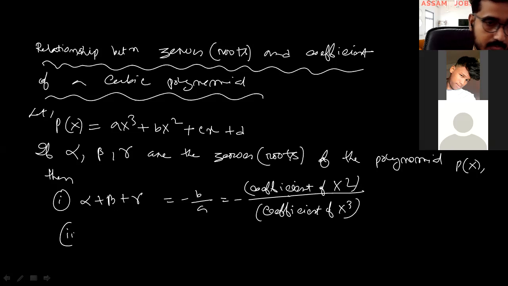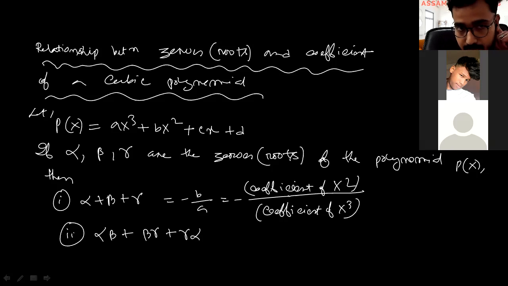Then this is the summation of the roots. Then it will be the product of the roots in pair. Product of the roots in pair means first alpha beta, then beta gamma, then gamma alpha.